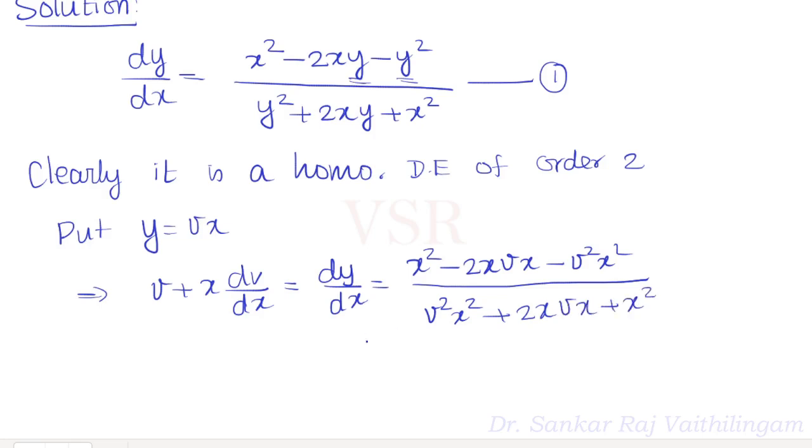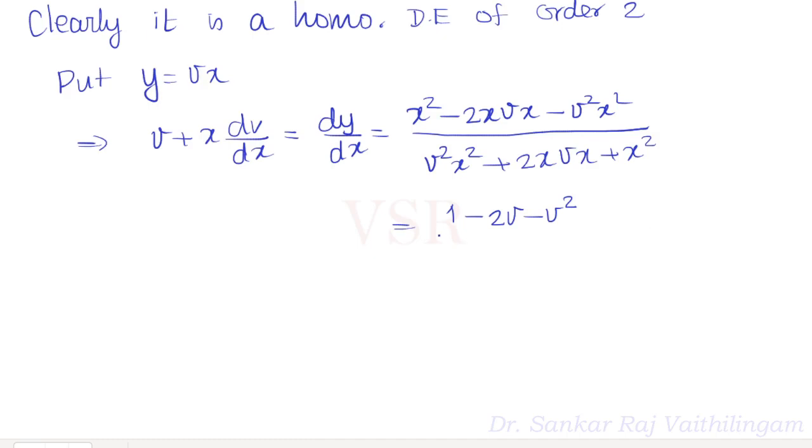So இது ஃபுல்லா x ஃபுல்லா காமன் எடுத்துட்டோம்னா what we will have? This is 1 minus 2v minus v square divided by v square plus 2v plus 1.